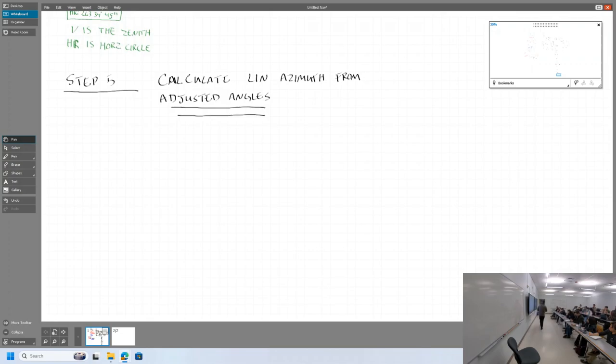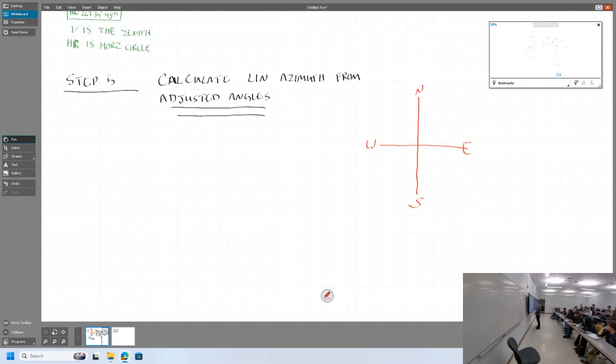So looking at this, let me pull this up again. We set that first azimuth reading to 0, and that is considered our north. If I sketch it graphically here, we have north, east, south, west.